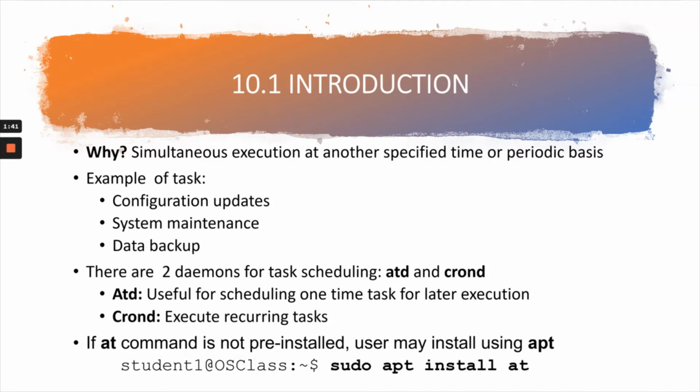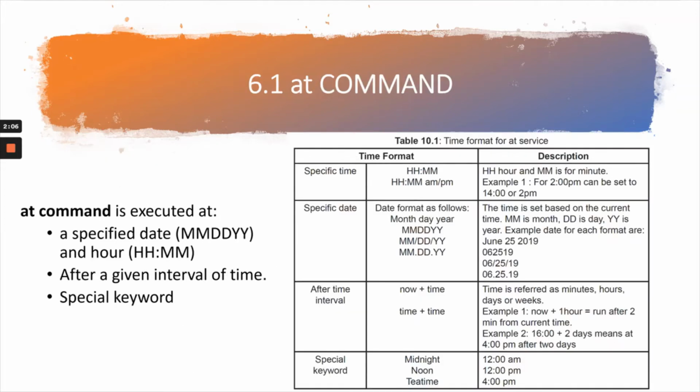Secondly, if you want to schedule tasks on a periodic basis, you need to use cron. If the at command is not pre-installed in Linux, you may install it using the apt command by issuing sudo apt install at.